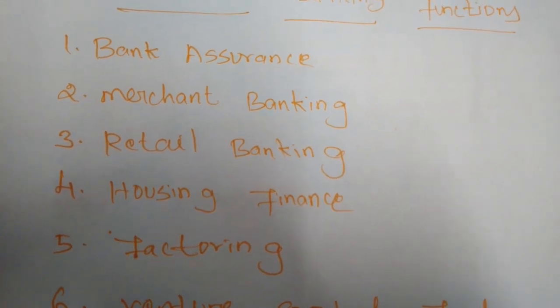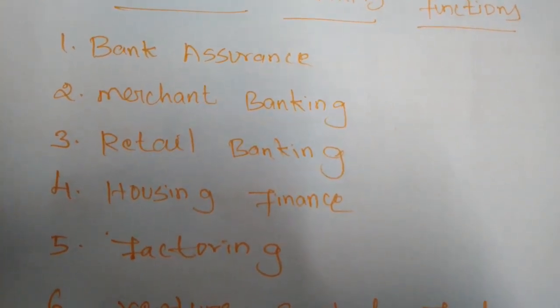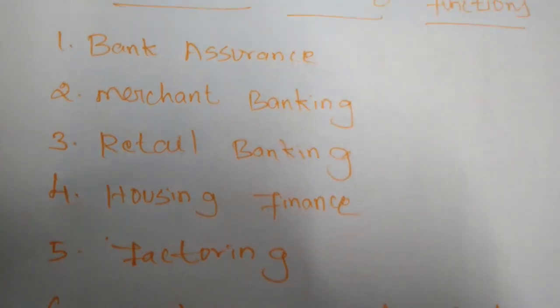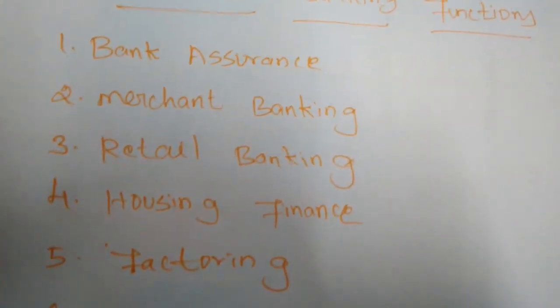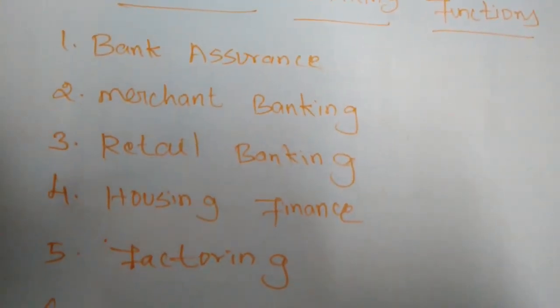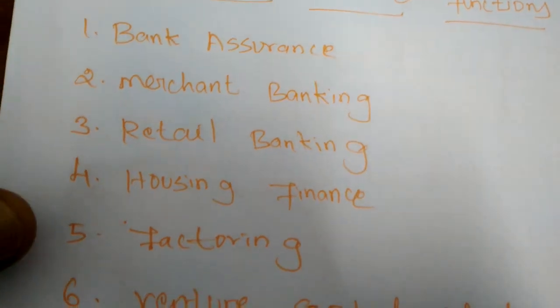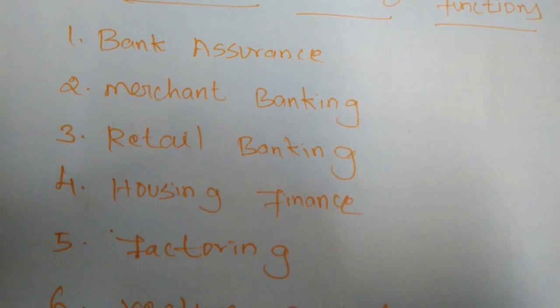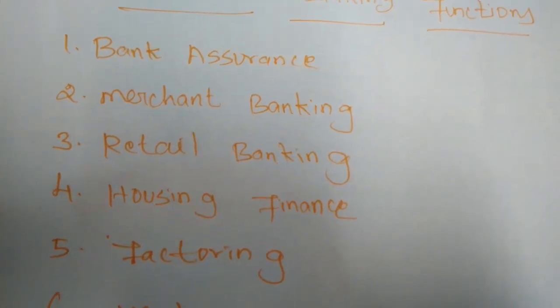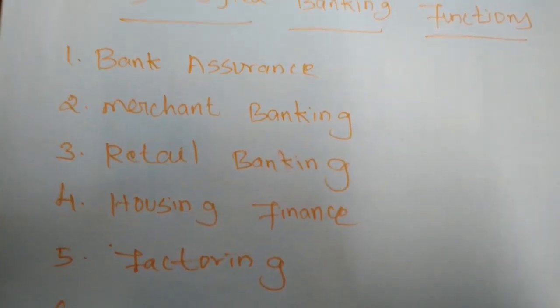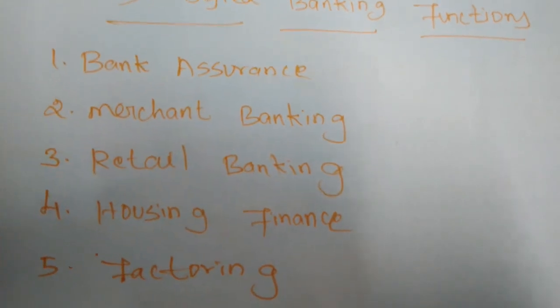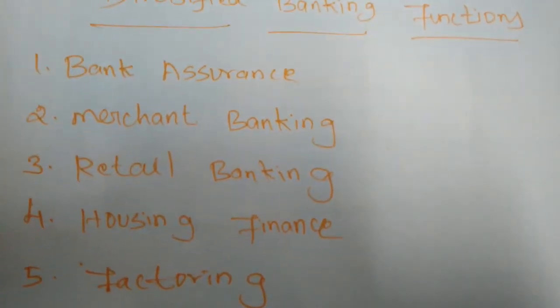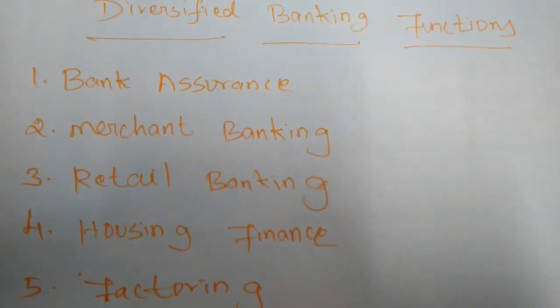So additionally, along with the primary and secondary functions, banks provide some assurance to customers also. Next, merchant banking. Merchant banks do not provide regular banking services. A commercial bank or its subsidiary merchant bank may offer services like project counseling, underwriting, etc., required for starting any company.